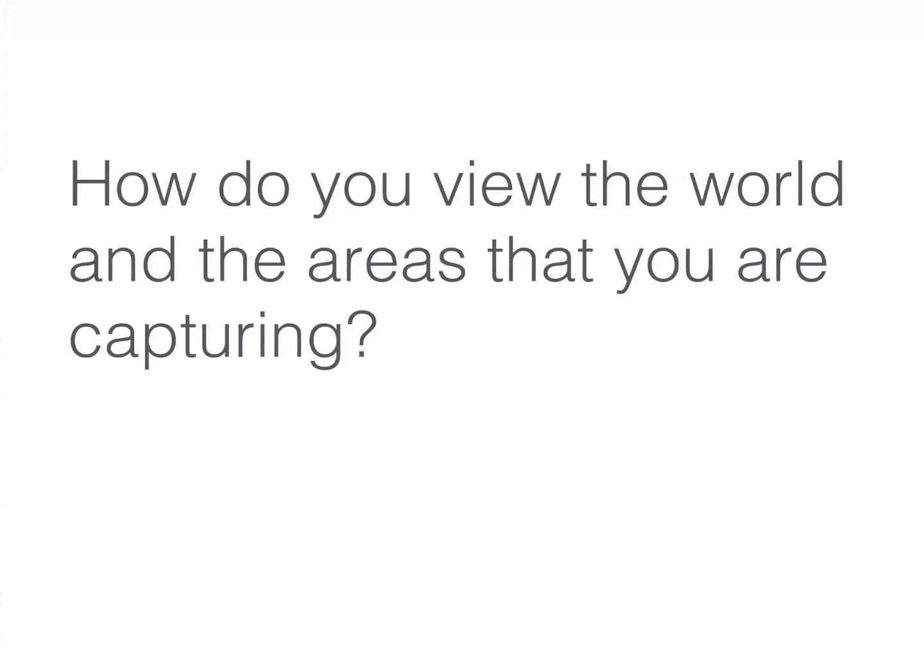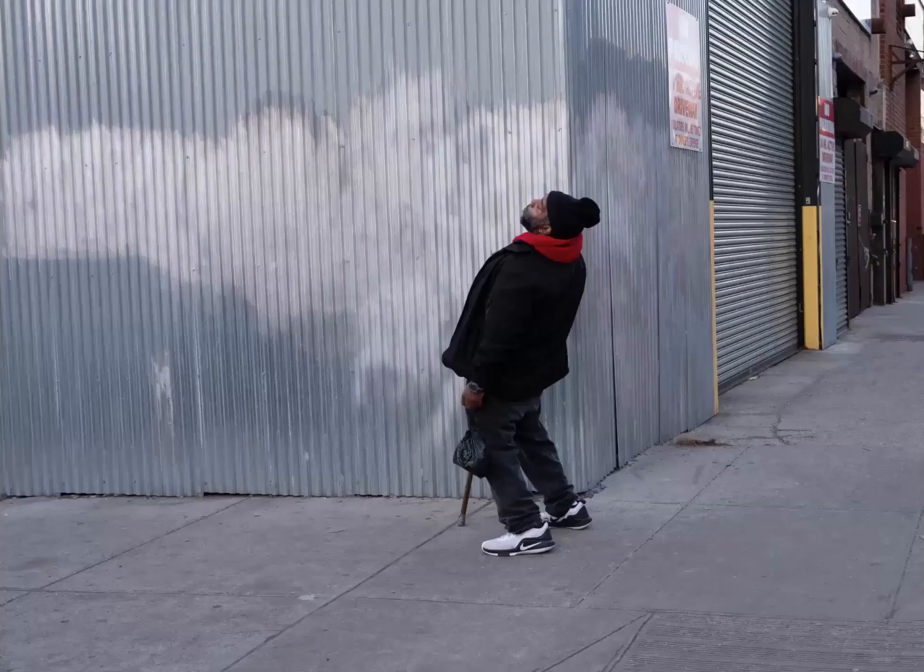And so as we've been talking about, it's important to think about the question of how you view the world and the areas that you're capturing. There's a slide later on near the end, but I like to pick an area that you go to frequently, photograph around where you live. With my mailing list right now, I'm doing a contest called 5 Blocks From Home.